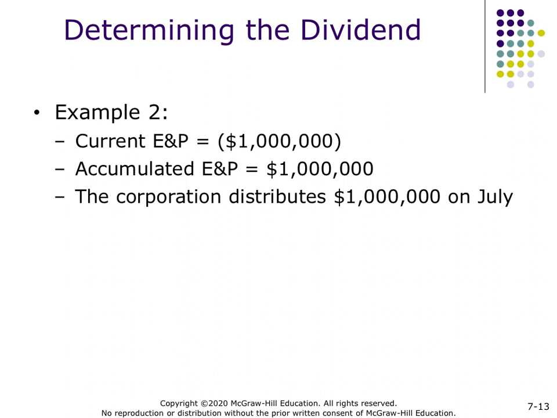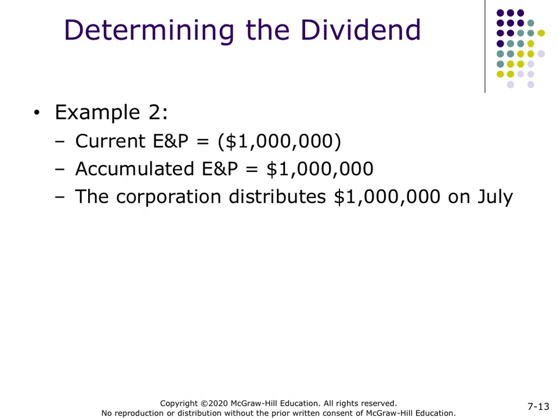Well, current earnings and profits are negative, but accumulated earnings and profits are positive. So what we have to do is the net earnings and profits are apportioned on a per day basis. So what does that look like?